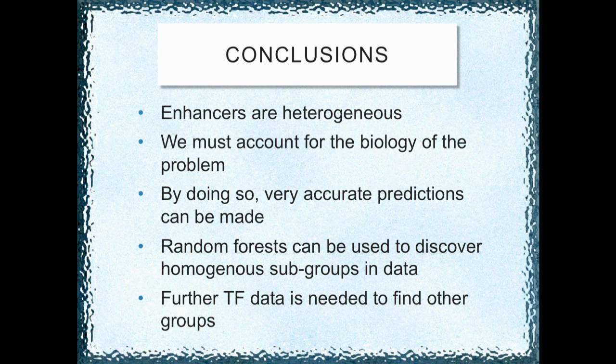However, if we account for the biology of the problem, we can make very accurate predictions. This is mostly driven by the transcription factors, so we definitely need more transcription factor studies to get a better understanding of other biological systems. And with that, we can use random forests to find homogeneous subgroups in the data. Thank you.